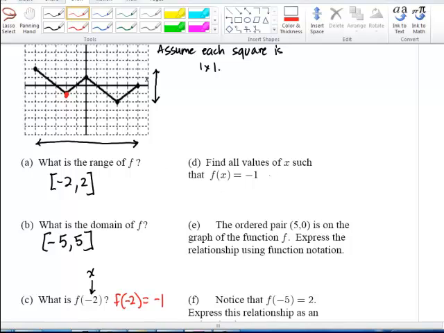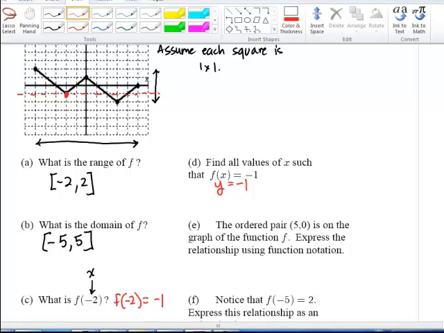Then question D asks, in some sense, the opposite question. Find the x values, so we're looking for the x such that the function, or the output, or the y value is negative 1. Right, so this is the same question. We want to know if the y is negative 1, find the x's. So I'm going to draw a line through where y is negative 1.